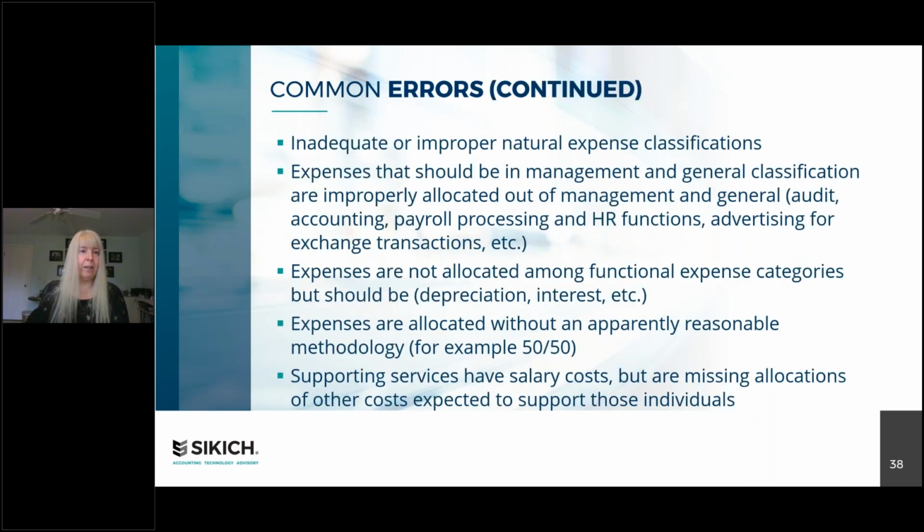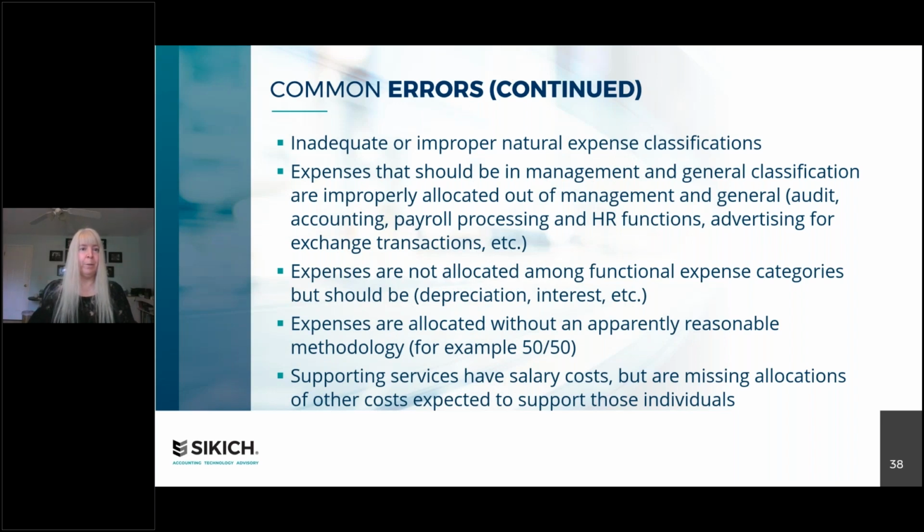Other errors are having inadequate or improper natural expense classifications. So for instance, you shouldn't see a natural expense line item called fundraising. Well, you've got a function called fundraising. So your natural classifications should be: what fundraising costs did you incur? Was it salaries? Was it supplies? Was it rental of facilities?